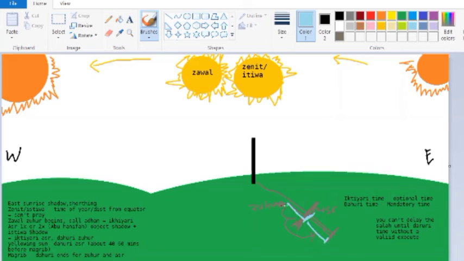But maybe other mazhab or ulama or ustad determine that the length of the Zuhur time, from the shadow at the Istiwa until the end of the Zuhur time, is at this time.